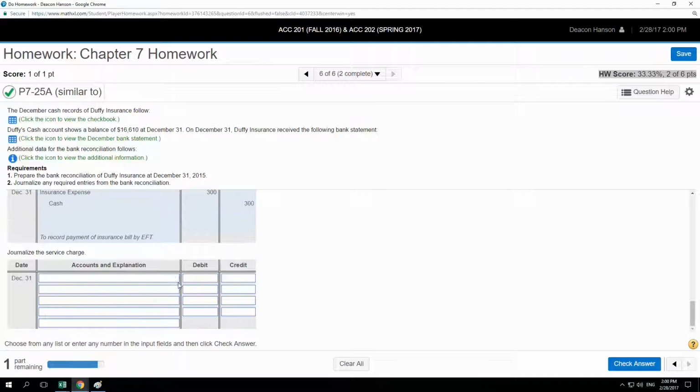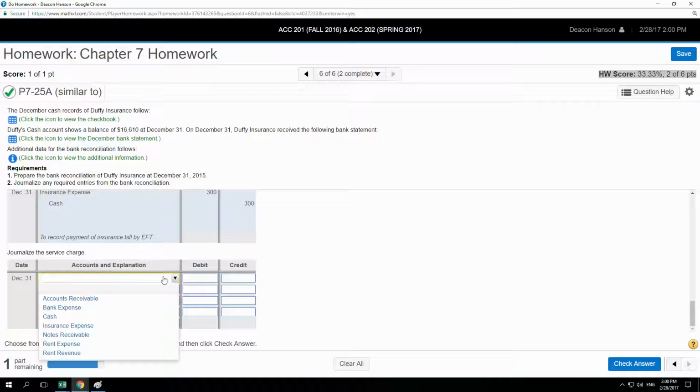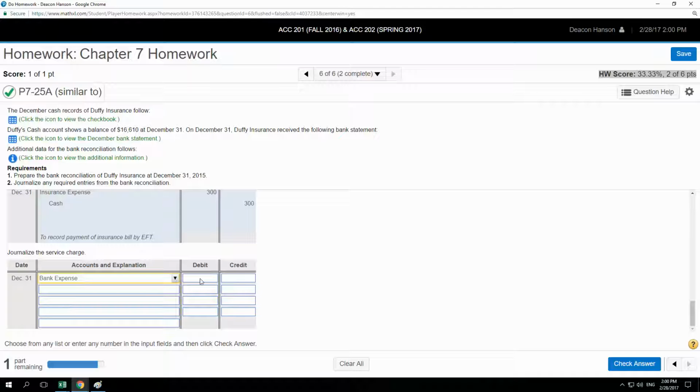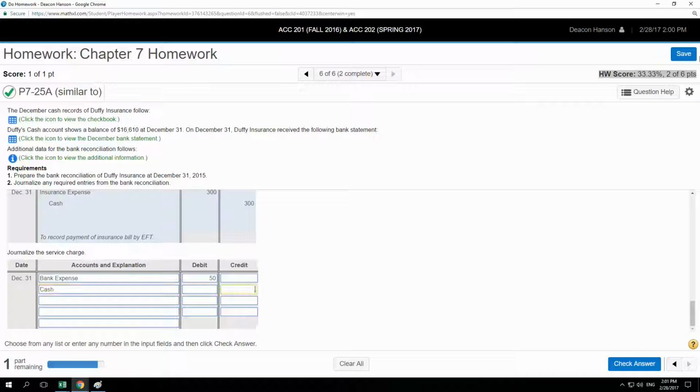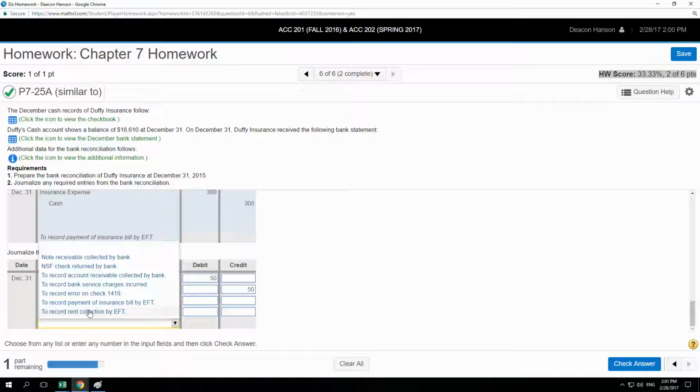So that's going to be booked to an expense. So I will call it bank expense. And it's a credit to cash because they took it right out of my account. And that's to record the bank service charge.